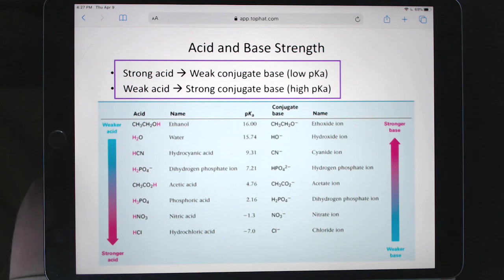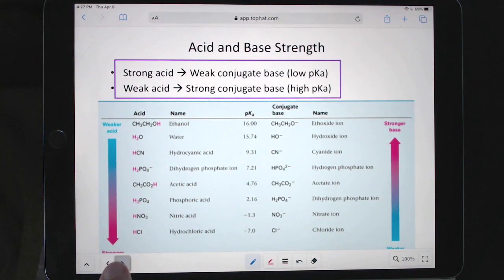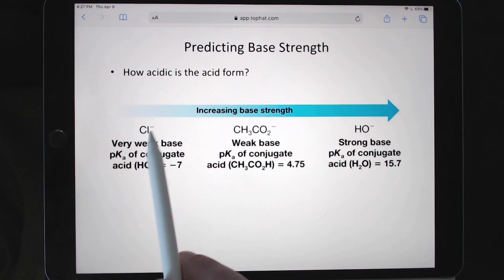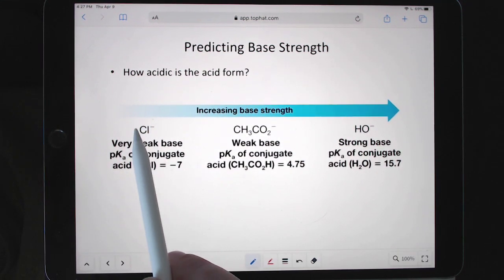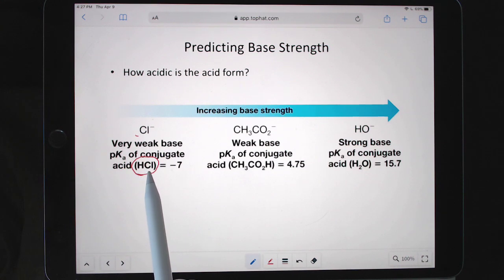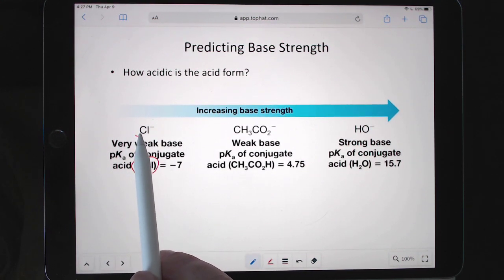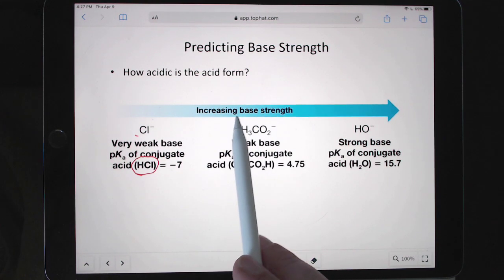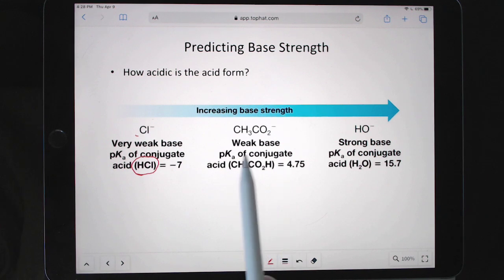And so we can use those trends to determine acidity. If you have this base here, is it a strong base? Well, look at its regular acid form, HCl. HCl is a strong acid, so that must mean this Cl minus is a weak base. Here you've got this one, acetic acid.